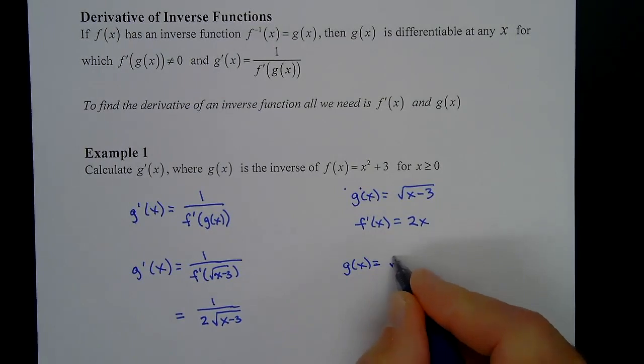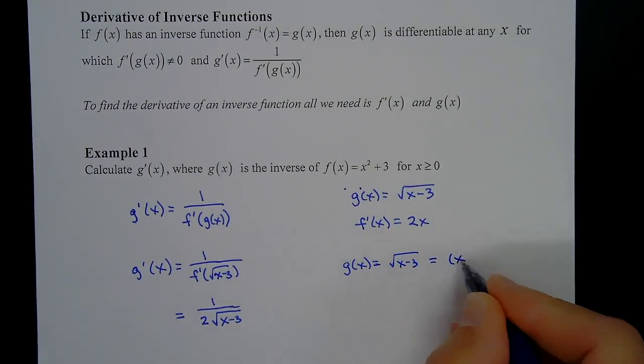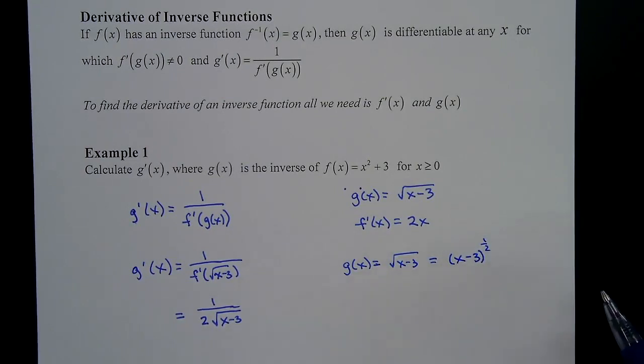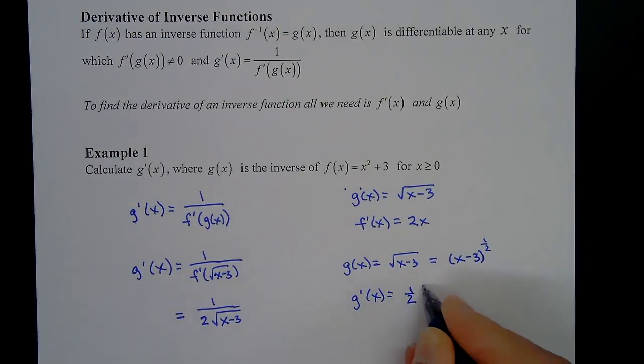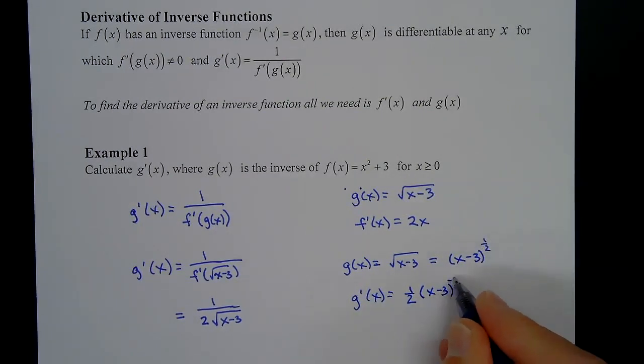So g of x, again, is the square root of x minus 3. To take the derivative, we would need to rewrite that as x minus 3 to the 1/2 power. And then now we could take the derivative of that, using the chain rule and the power rule, okay? So g prime of x would equal 1/2 times x minus 3, and then I would have to take 1 away from the exponent, so that would give me negative 1/2.